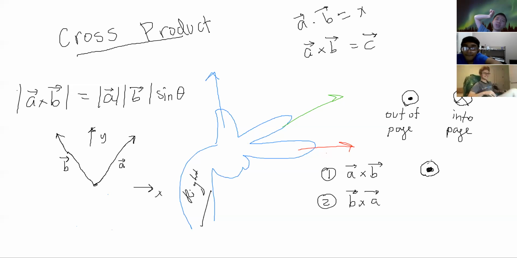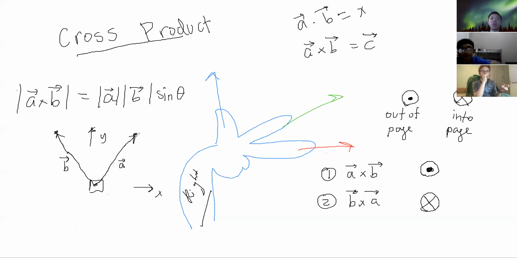Anyways, in this situation, for B cross A, it's going to point into the page, or in this case, into the screen. The direction of the resultant vector of the cross product is always going to be perpendicular to the plane defined by B and A. B and A can always define a plane because if you consider the endpoints and the tail, it's three points, a triangle, and a triangle determines a plane.